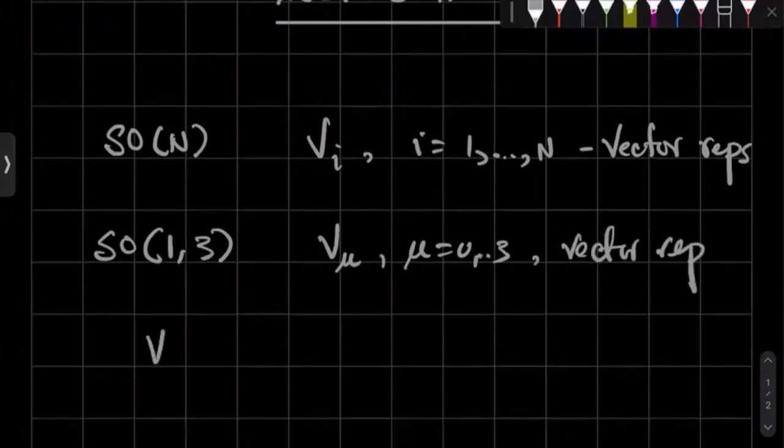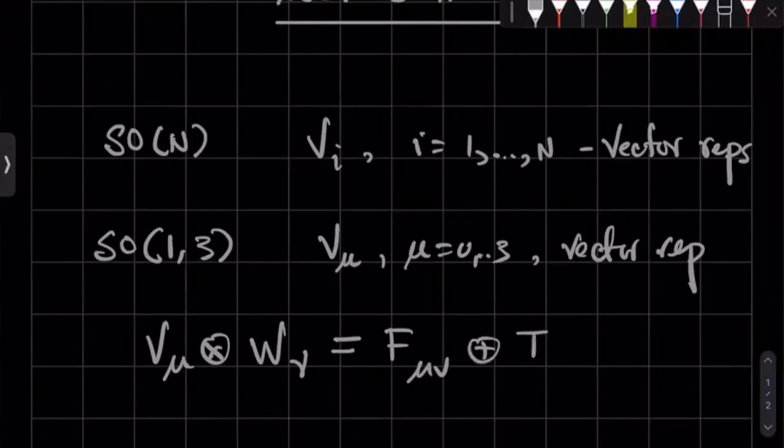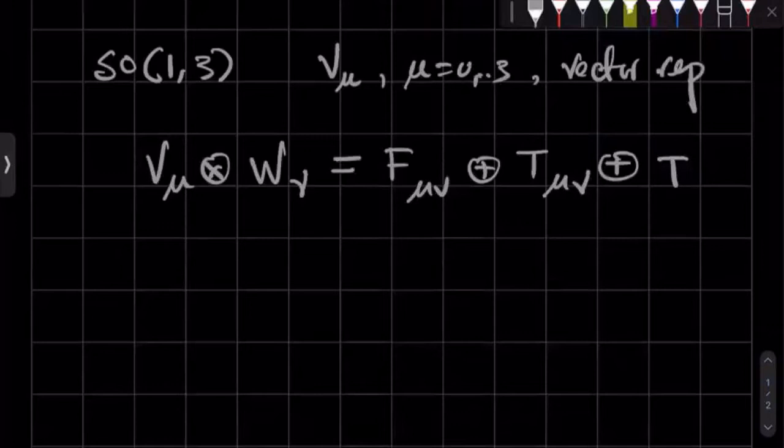And we saw that if you took two vector representations and considered the tensor product, then we get an anti-symmetric representation, and then we have a symmetric but trace-free representation and a scalar representation, which represents the trace part.